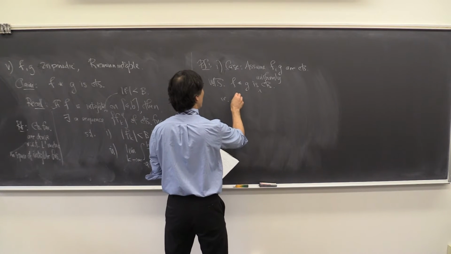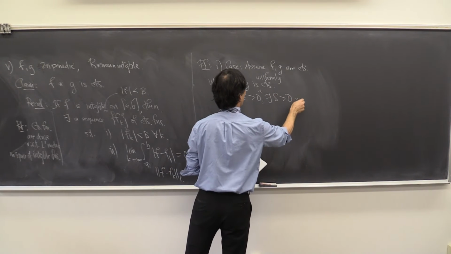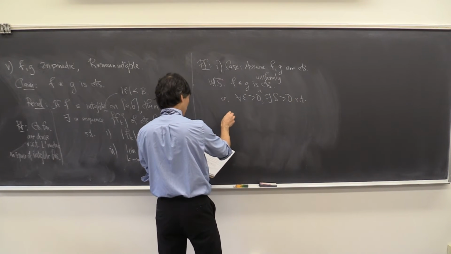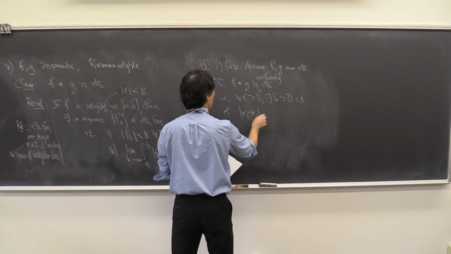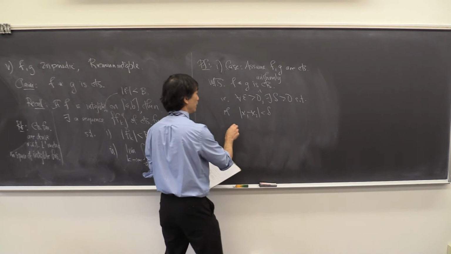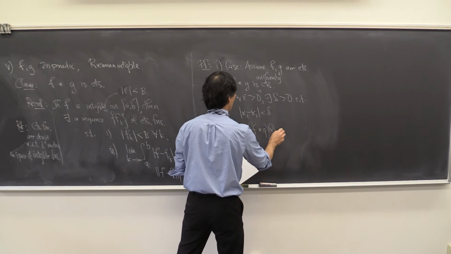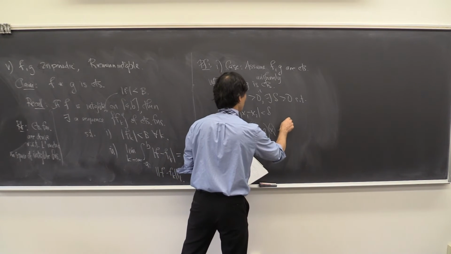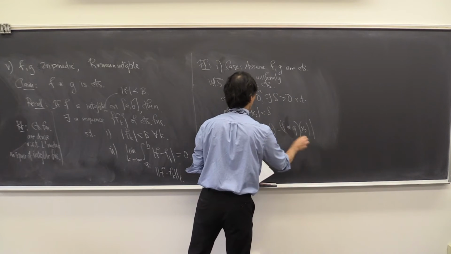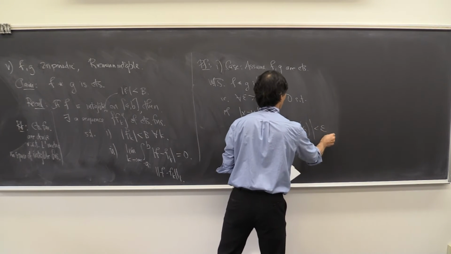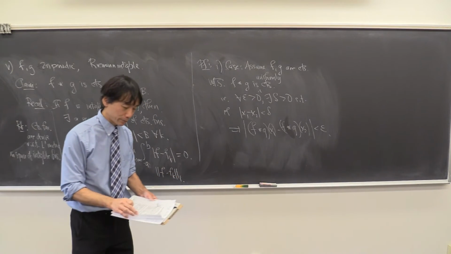In other words, given any epsilon, there exists delta, such that if you have two points that are within delta of each other, then f convolve with g at one point is within epsilon of f convolve with g at the other point. That's what we want to show.